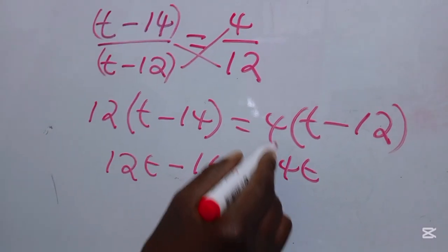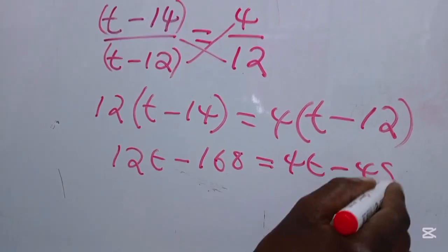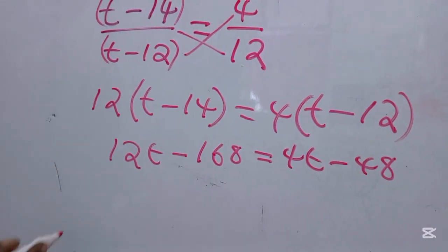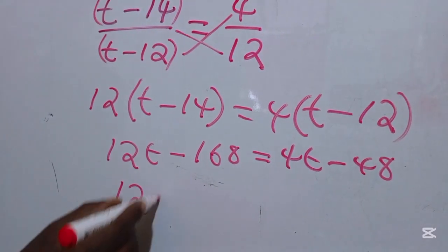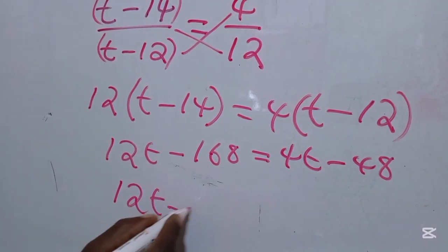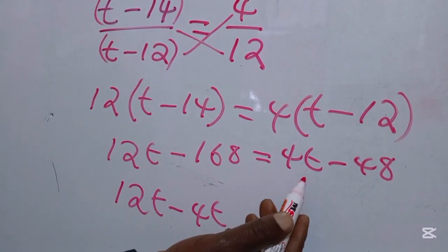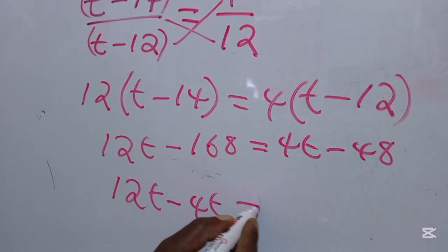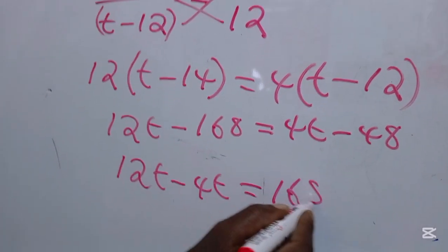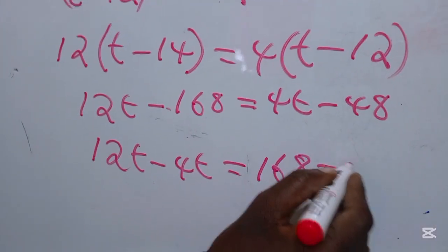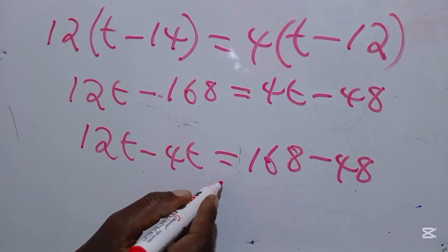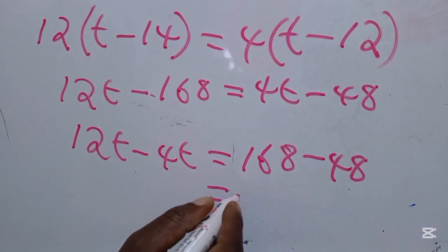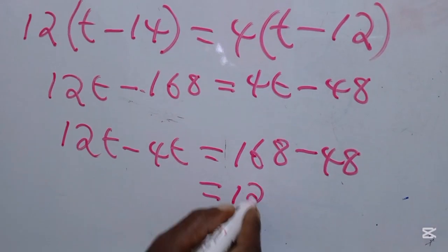I'm just expanding. You put the like terms together: I've got 12t minus 40t on one side. The other side, the sign changes: I've got 168, which is now positive, and negative 48. This gives me exactly 120.